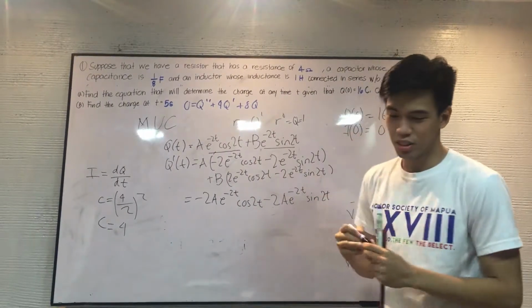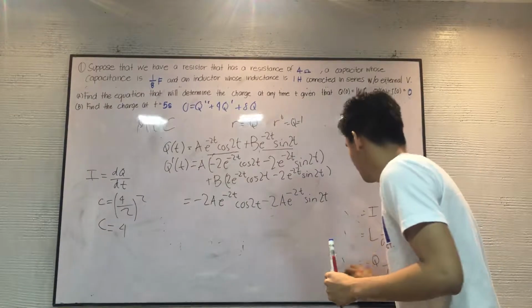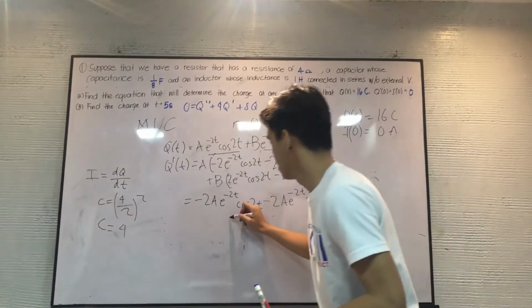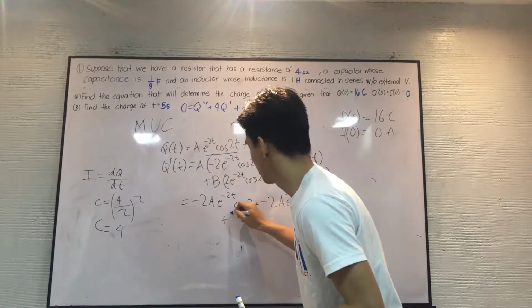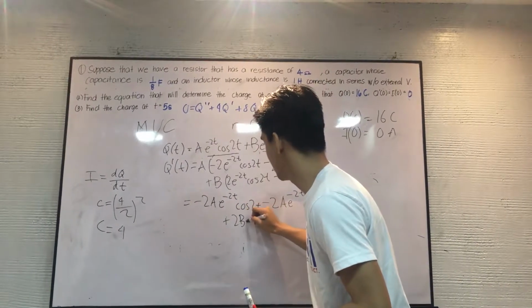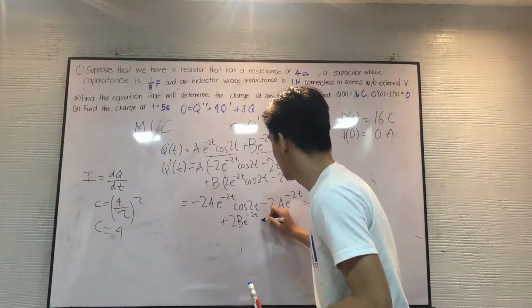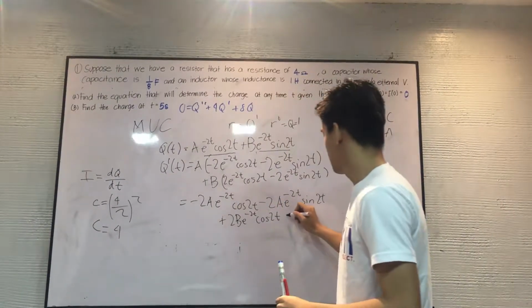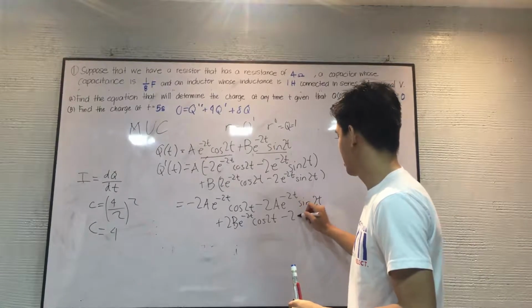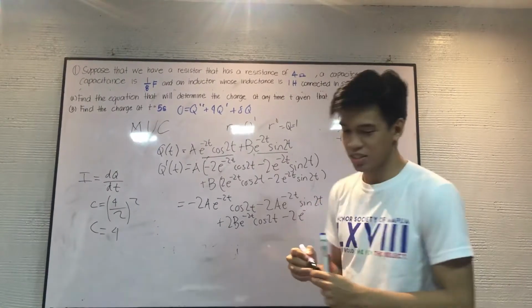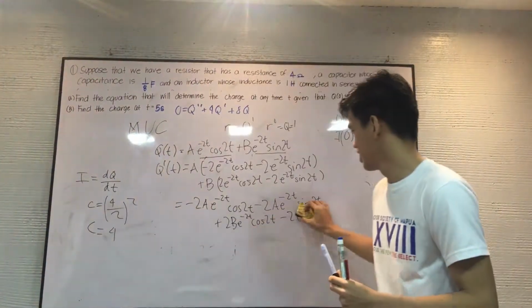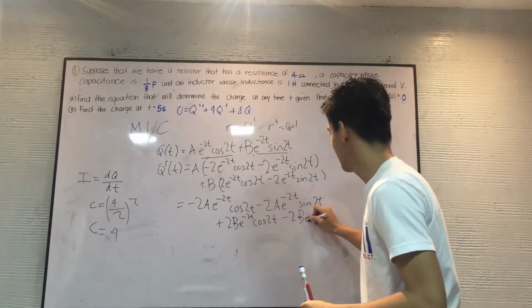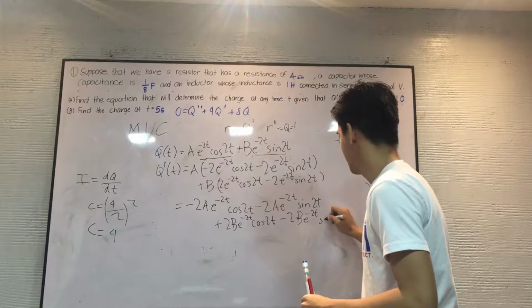And the other one, which is plus 2b e^(-2t) cosine 2t minus 2b e^(-2t) sine 2t.